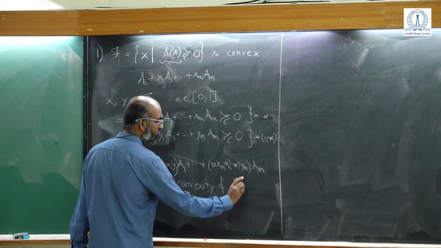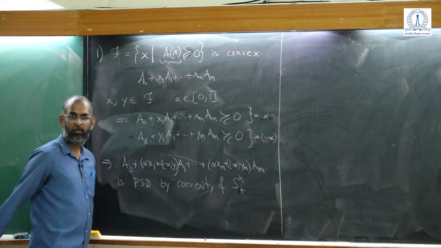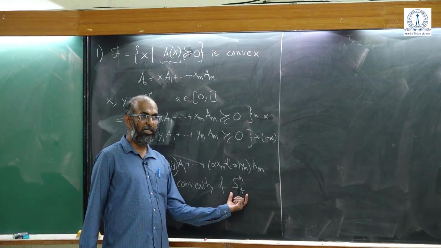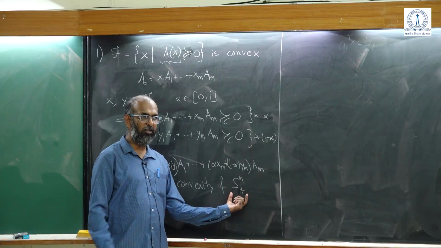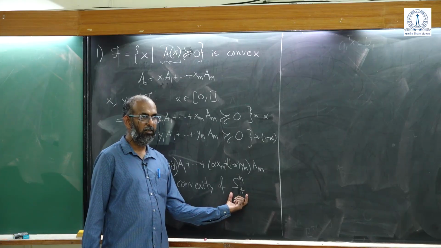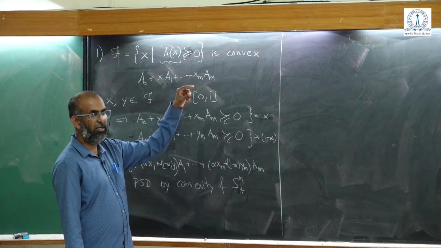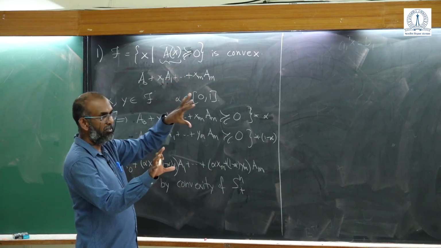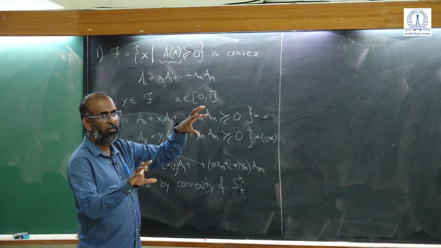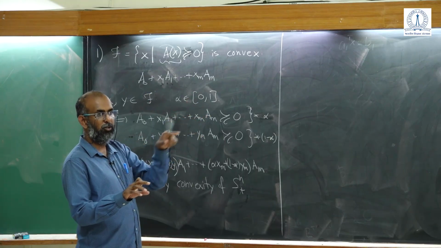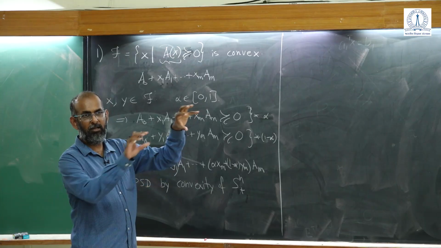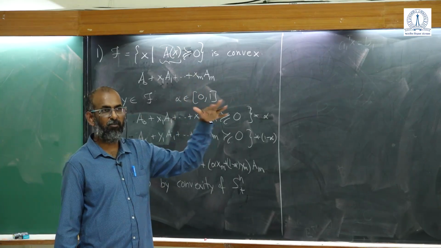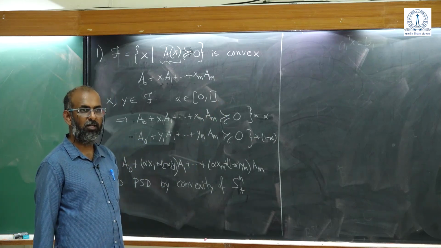What was it? S n plus, right? So we roughly argued that this is convex. You can do this by just looking at x transpose. If you have two matrices which are PSD, to show that anything on the line between them is PSD, you can use the quadratic form version to argue.